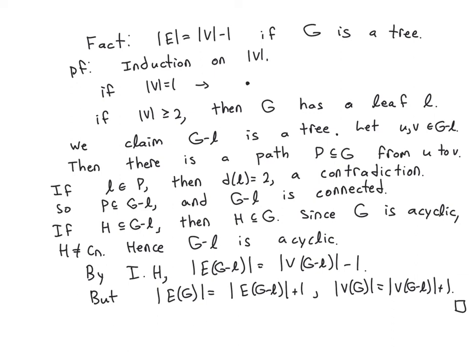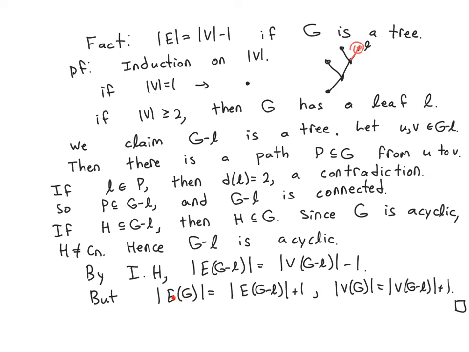If that's true, then you can apply the induction hypothesis to give you that the number of edges in G minus L is the number of vertices minus 1. How does that help you? Well, let's just draw the picture to get the idea. When you delete a leaf, you're deleting exactly one vertex and one edge.